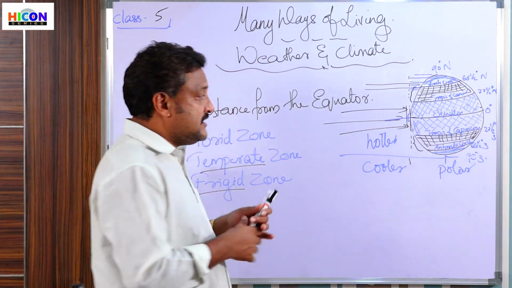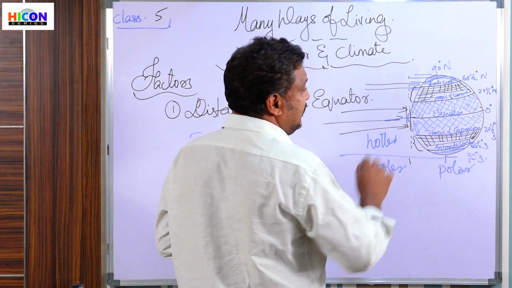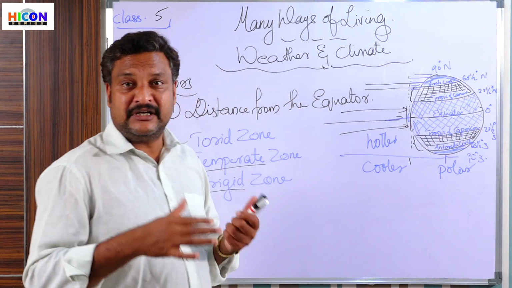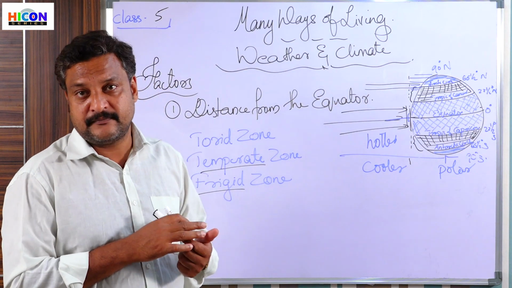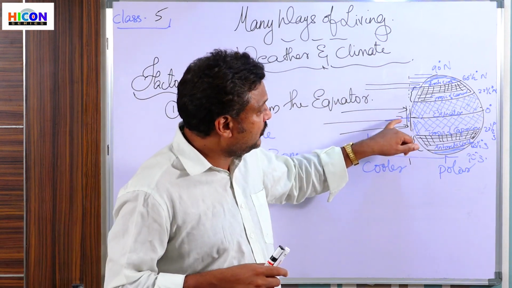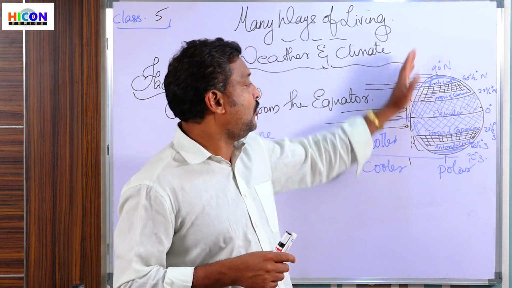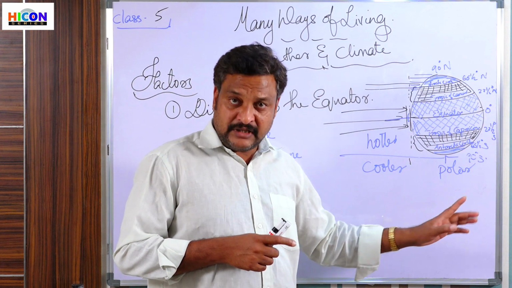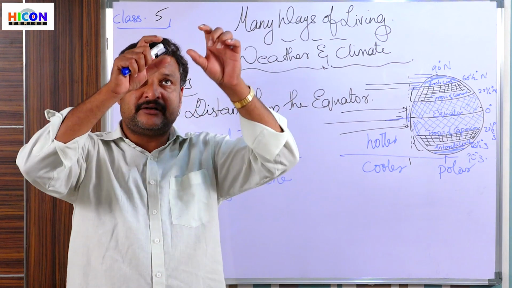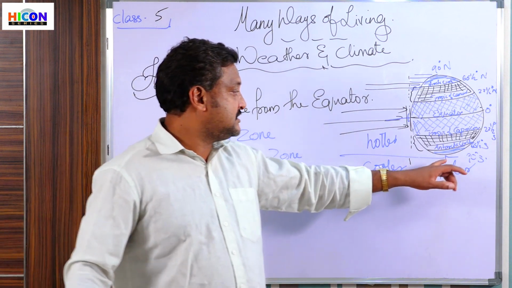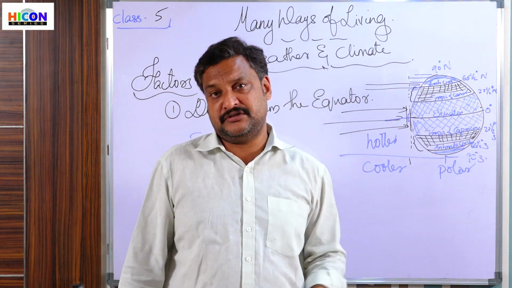See, as we travel away from the equator, either north or south, the climate changes, isn't it? It's very hot along the equator, and as we move north or south, the intensity of the heat decreases and it becomes very cold by the time we reach the polar regions.